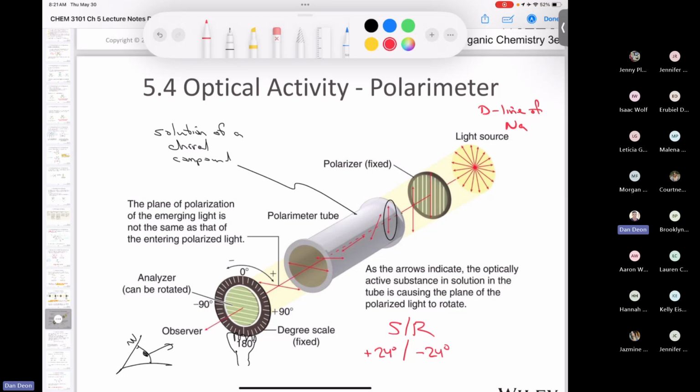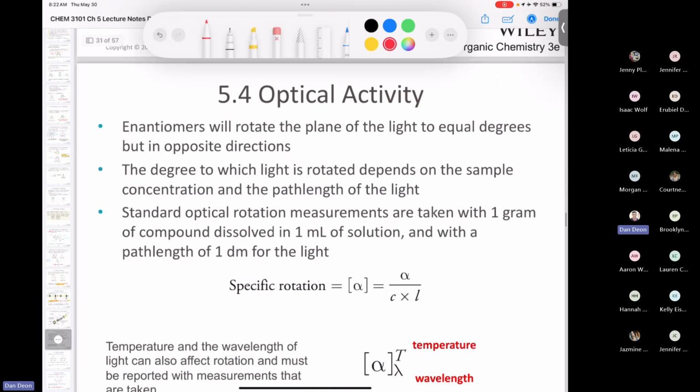If you're thinking that's not easy, it really isn't. You have to make a solution, set up the polarimeter, and then measure it. But one rotates plane polarized light in one direction by a certain amount, and the enantiomer rotates it by the exact same amount, but in the opposite direction.